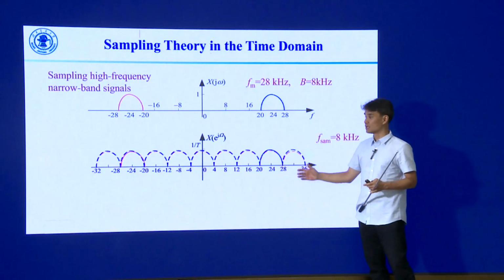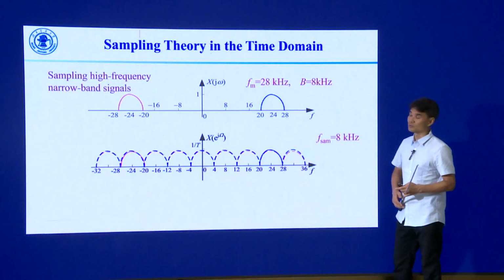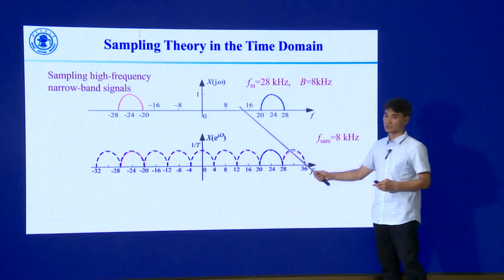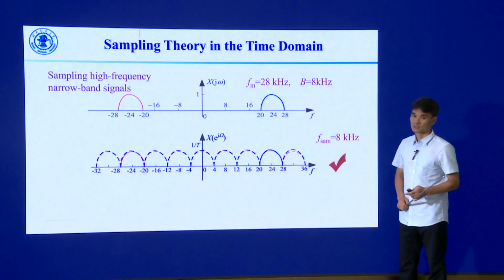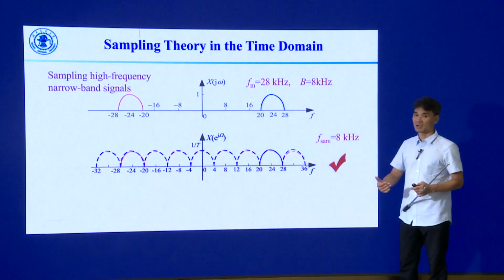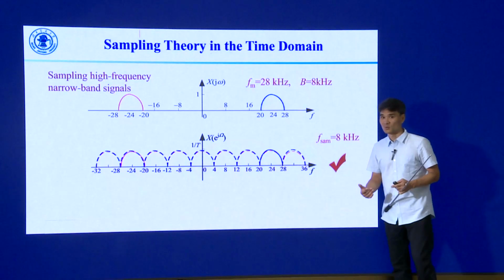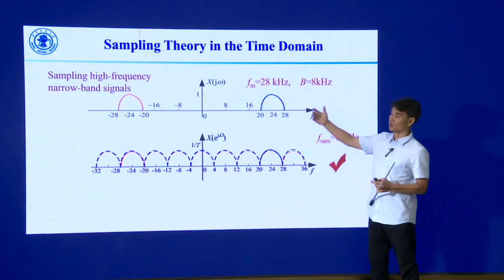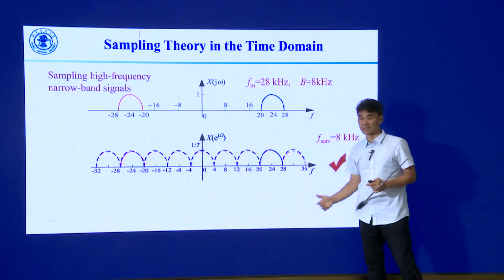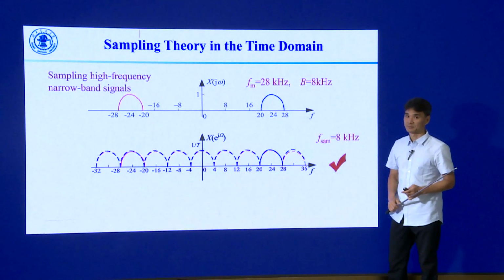So in this case, although there's overlap in here, we are able to recover the original signal. These are two situations where, even if we violate the Nyquist criterion, we can still recover the original signal without any information loss, or there's no aliasing in here.